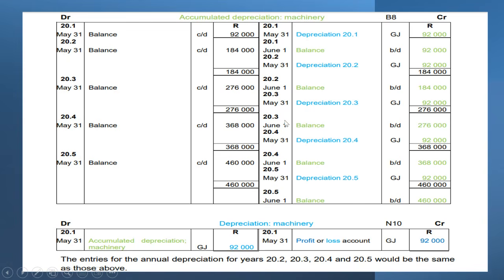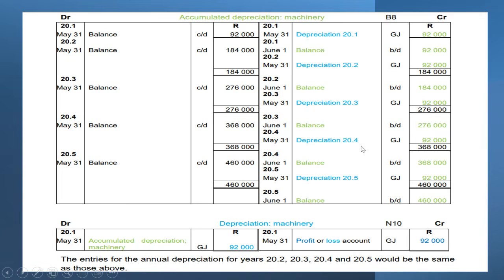That balance carried down, you post it on the credit side then at the beginning of the next financial period as what? As a balance brought down of 276,000. You will do the same each and every year until the asset is fully depreciated or disposed.